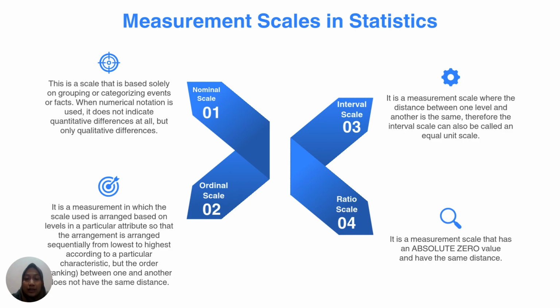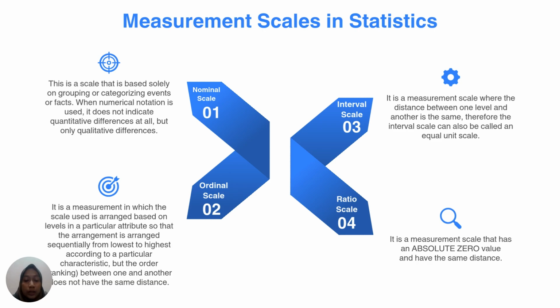Okay, let me start. Measurement scales in statistics. The first, nominal scale. This is a scale based solely on grouping or categorizing events or facts. When numerical notation is used, it does not indicate quantitative difference at all, but only qualitative differences.